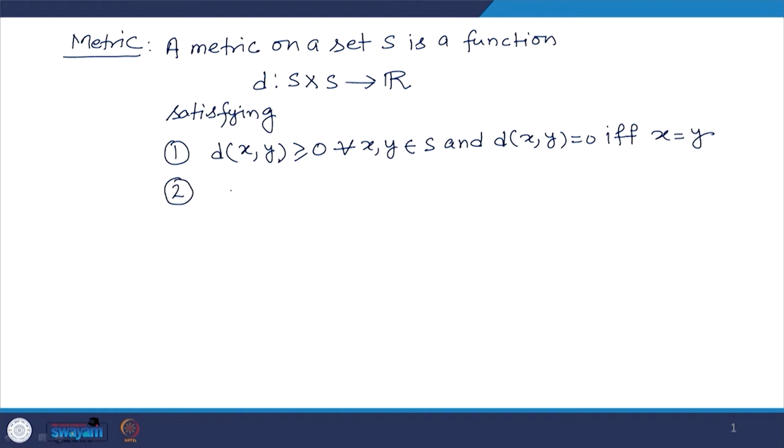The second property is symmetry, that is d of x y equals d of y x.